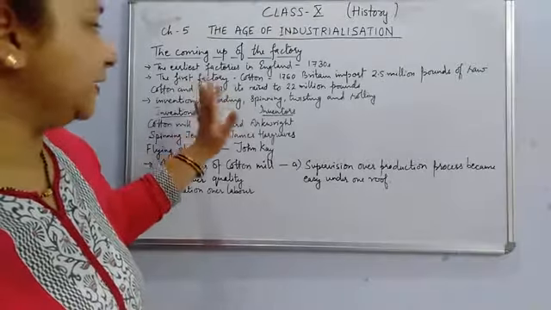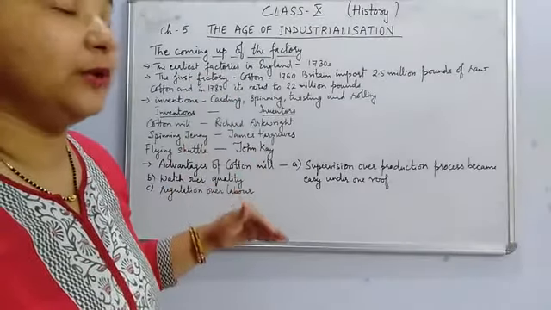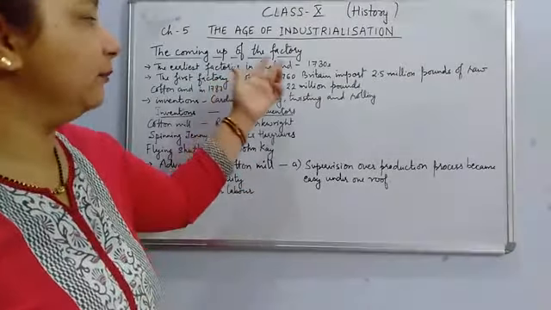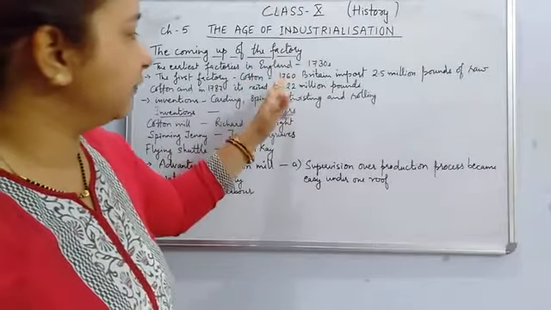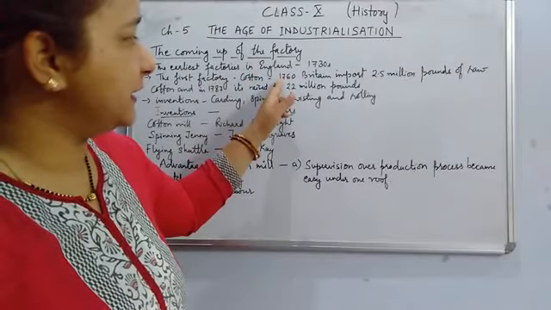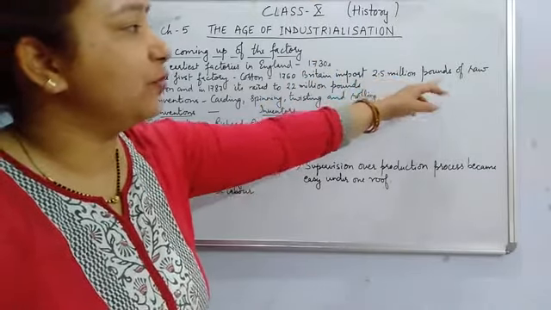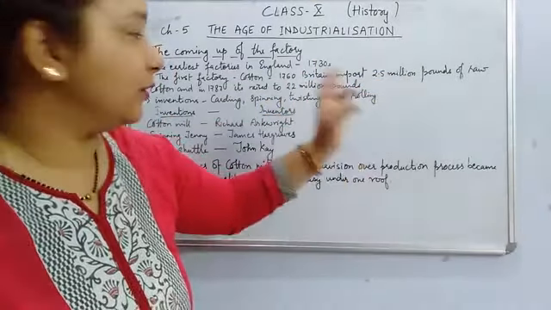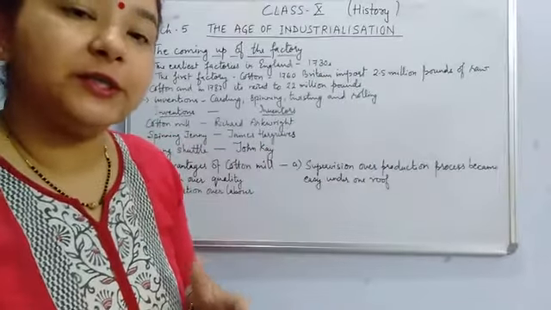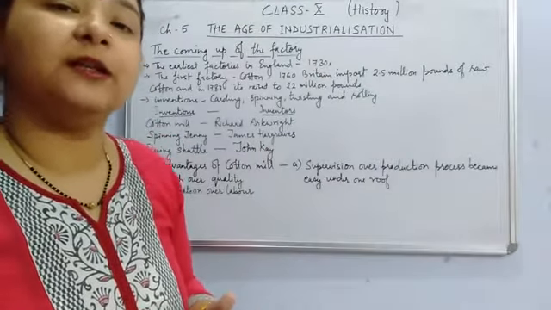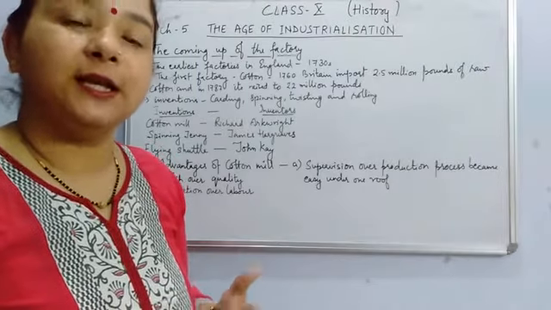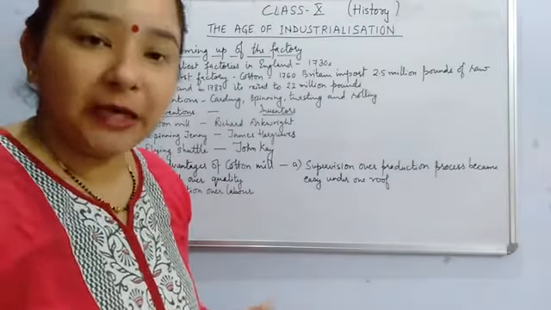The first factory that appeared on British soil was cotton, and this data is given in the book. In 1760, Britain imported 2.5 million pounds of raw cotton from its colonies. As you already know, Britain was a colonizer nation, having many colonies.